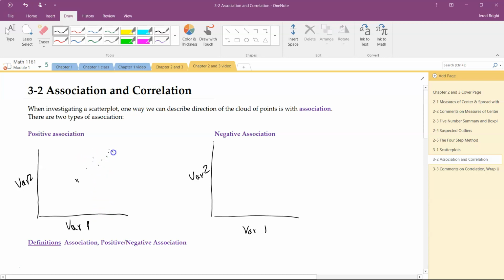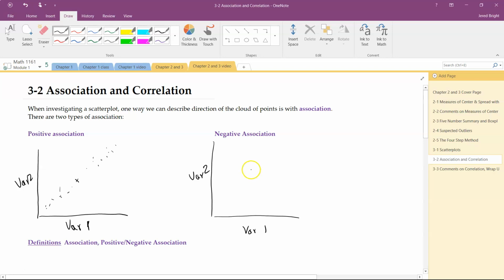So you're going to get this sort of behavior going on. That's why it's a positive association. It looks like if we were to draw a line in there, it would have a positive slope, right? So positive association: higher values of one variable indicate generally higher values of the second variable.